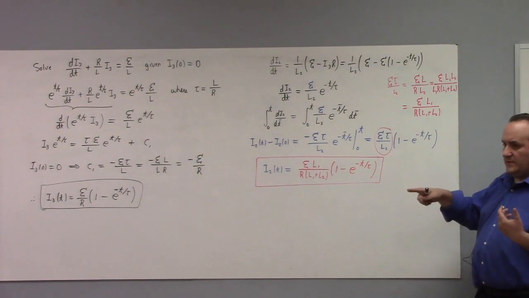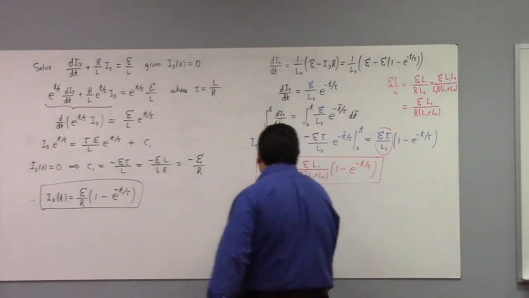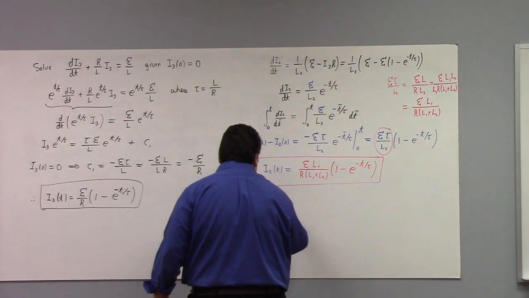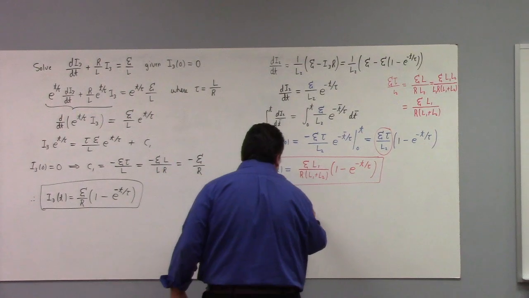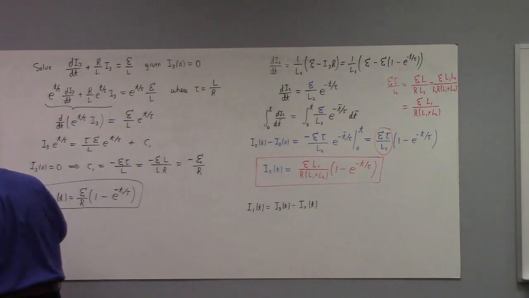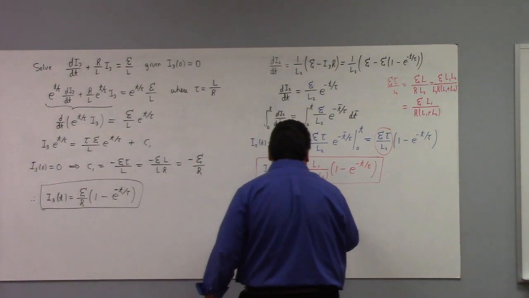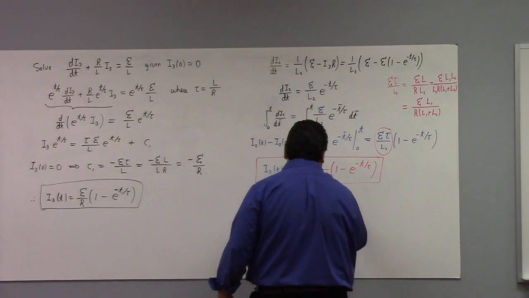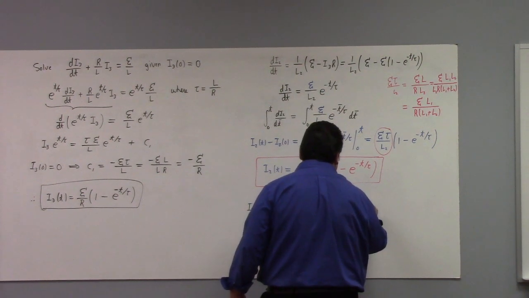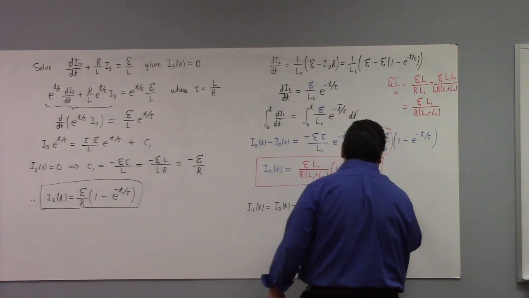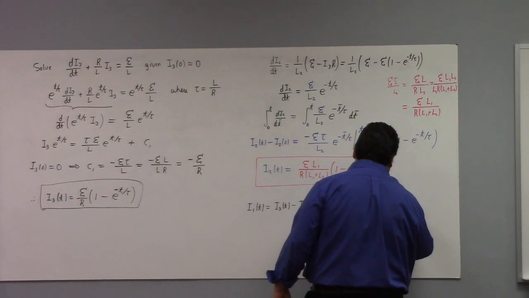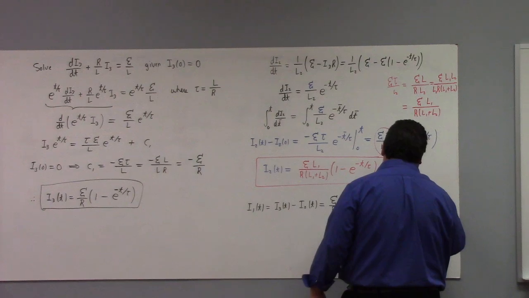So once we have that, what's I1? It would be I3 of t minus I2 of t, is that right? Yeah, I3 minus I2, which is equal to E over R times 1 minus e to the minus t over tau, minus E L1 over R times L1 plus L2 times parentheses 1 minus e to the minus t over tau.